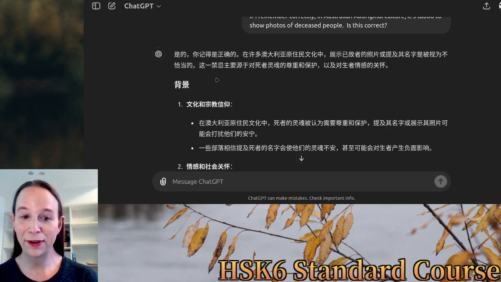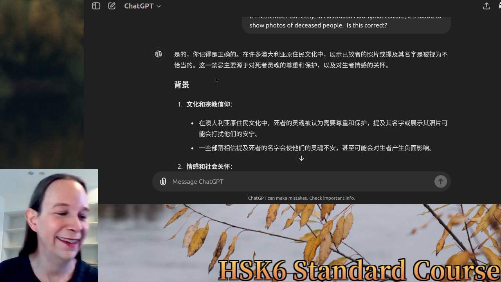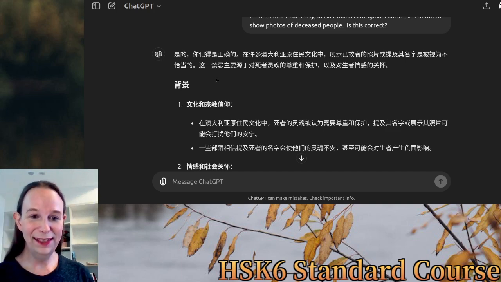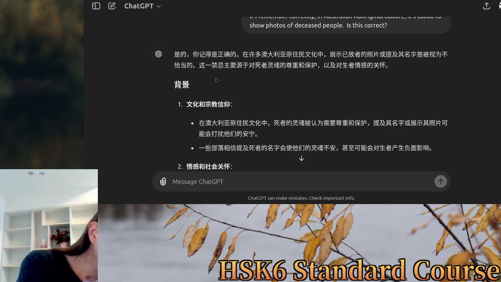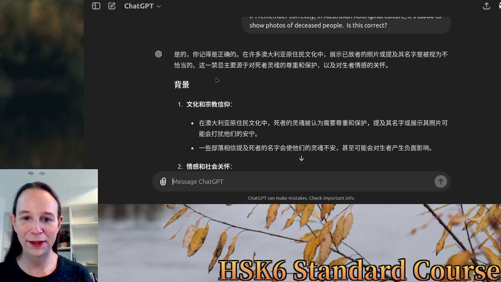So if you're a journalist and you want to report about some Aboriginal doing something, you need to be careful when you're showing pictures. Make sure you don't show anyone who's deceased.